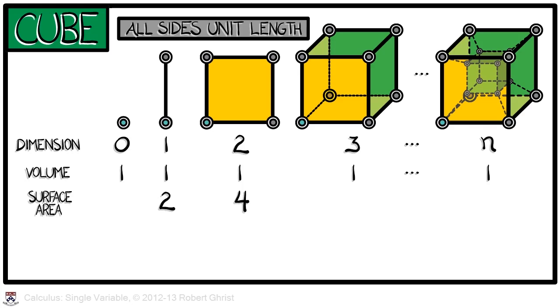Surface area for a two-dimensional object is what we used to call perimeter. And in the case of a square, the perimeter is 4. There are 4 unit edges. Of course, the surface area for a three-dimensional cube is what? Well, you look at each of the 6 faces and compute its unit area.